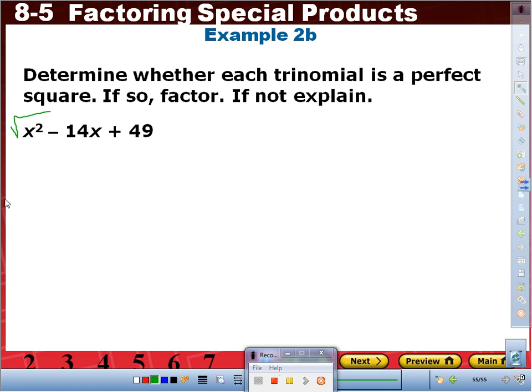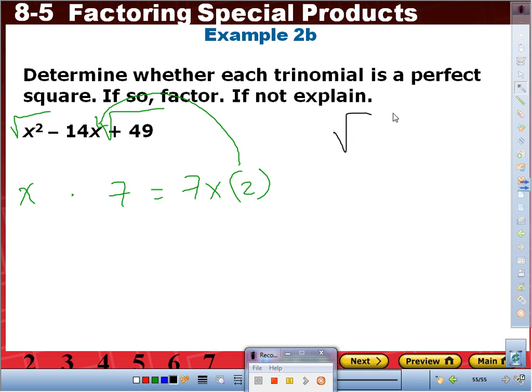Here it goes. Square root of x squared. What is that? X. What is the square root of 49? 7. What is x times 7? 7x. Double that. Does that give us 14x? It doesn't give us 14x? Not the negative, you're like. But let me ask you this. Pens down, eyes up here. Remember when we covered roots? What is the square root of 49?